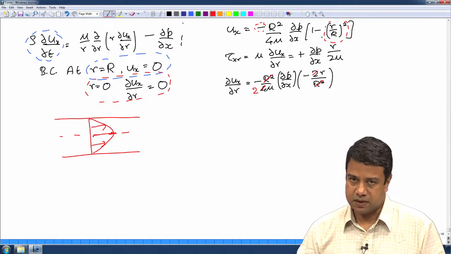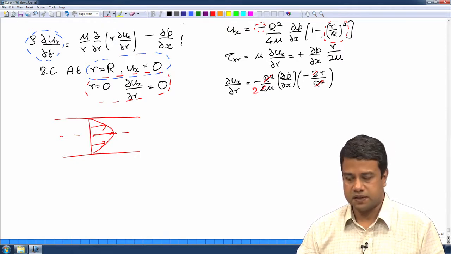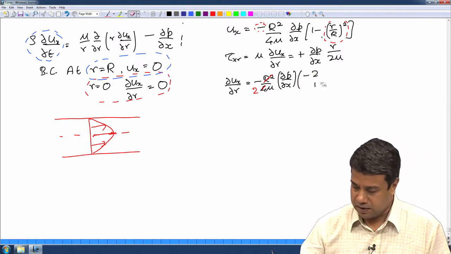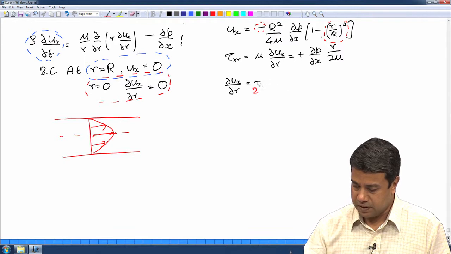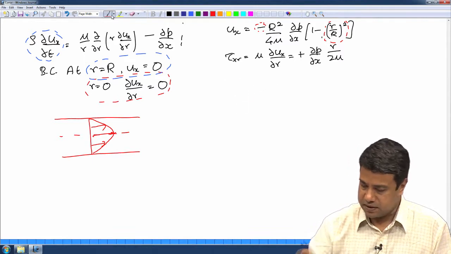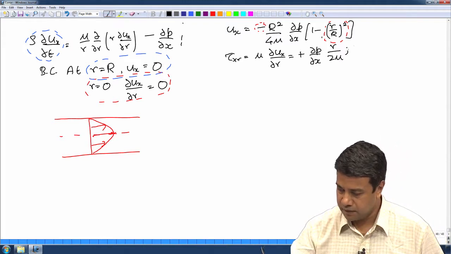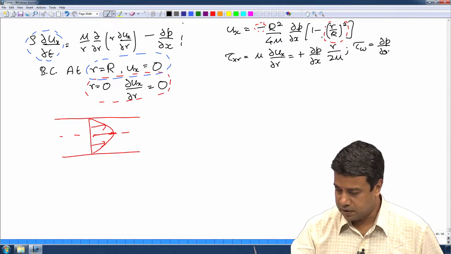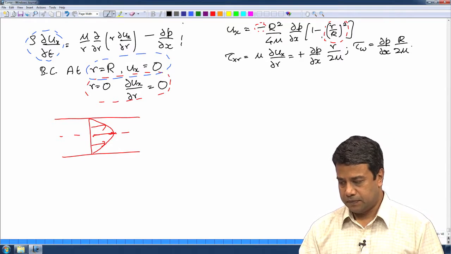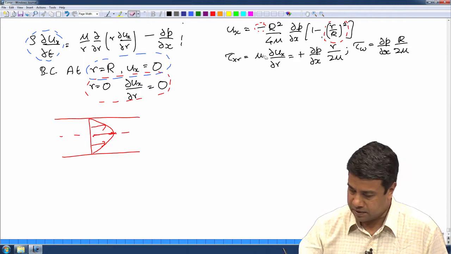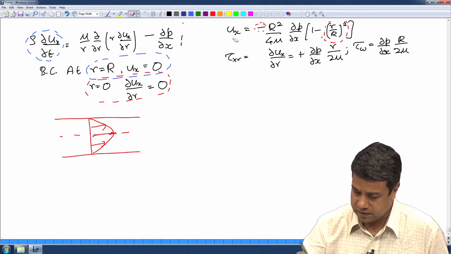Shear stress is 0 at the center, because the slope of the velocity is equal to 0. However, it is non-zero at the wall. At the wall of the pipe, the shear stress tau w is equal to dp by dx into R by 2. I'm sorry, there should be no viscosity there, because I multiplied by this viscosity here.